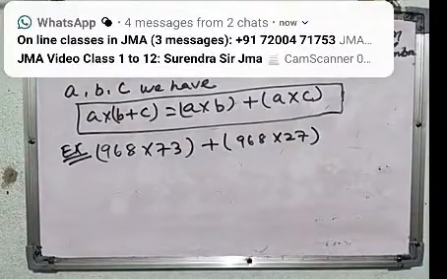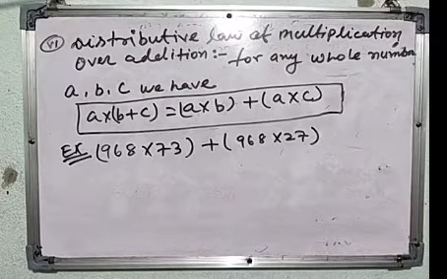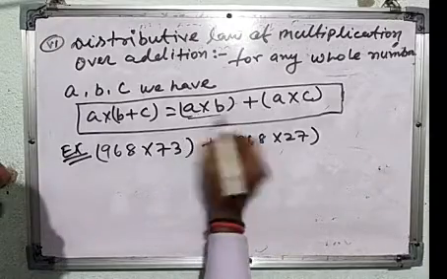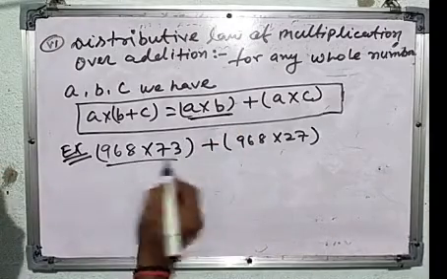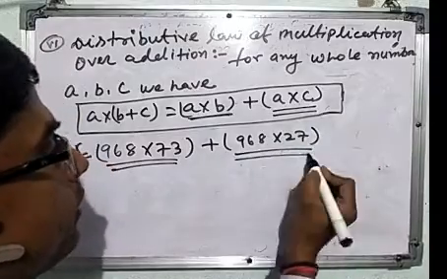This question is solved using distributive law of multiplication over addition. Here you see, students, A into B, A into C.